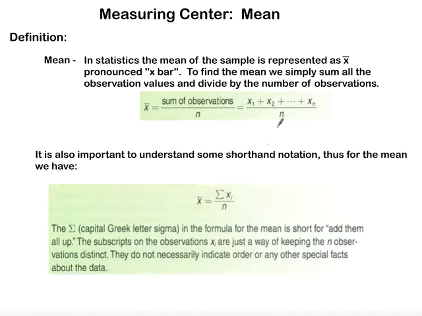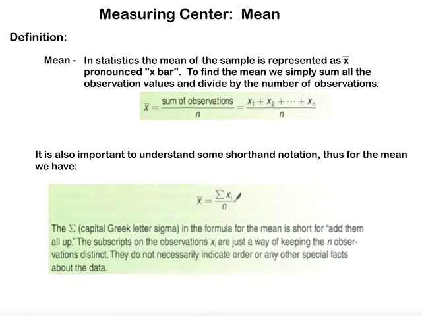This basically means the same thing as this. The sigma is a Greek letter that stands for add them all up. The subscripts on the observations are just a way to keep the observations distinct, so you can tell this one was from the first observation, this one was from the second, and so on.